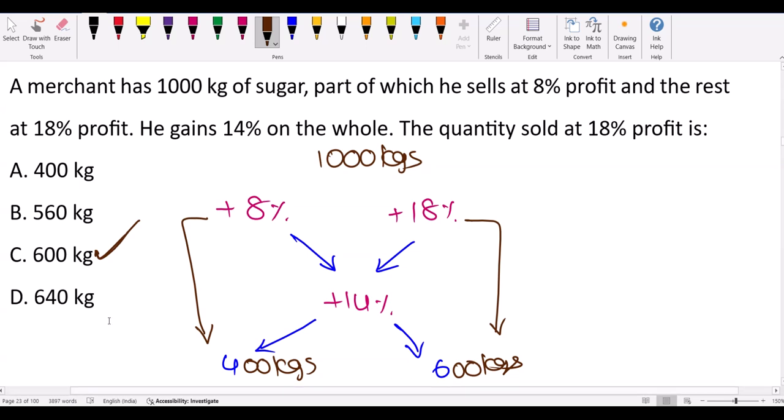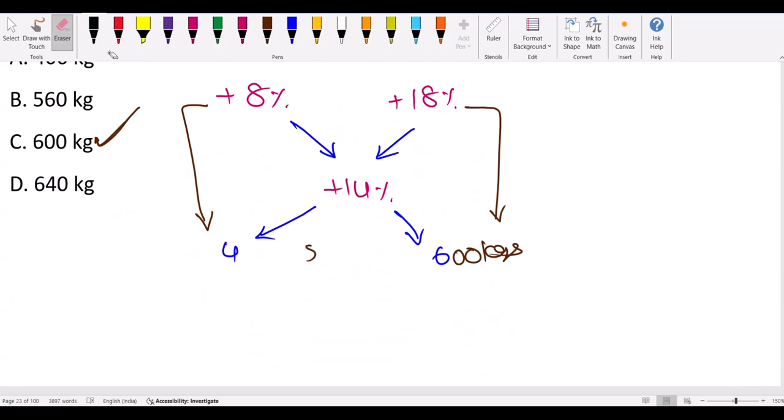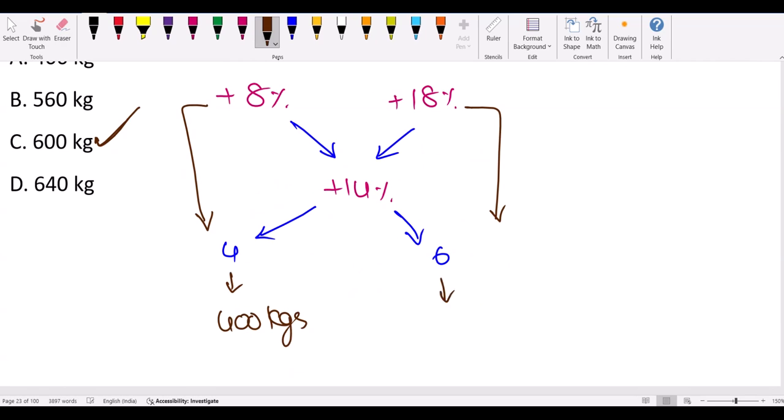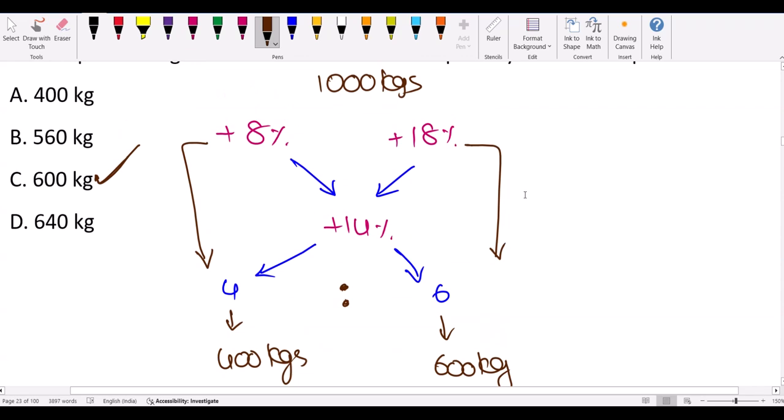Sir, why have you taken it as 100? Okay, I'll write one more step. You may wonder how this maps to 1000. 4 and 6, to map to that 1000 kgs, I'm writing this as 400 and 600. This is the ratio 4 is to 6. If I take 4 kgs from the first one, I should take 6 kgs from the second one.